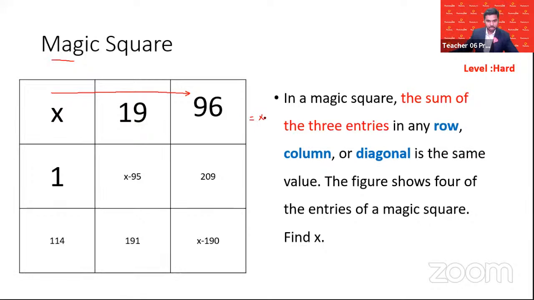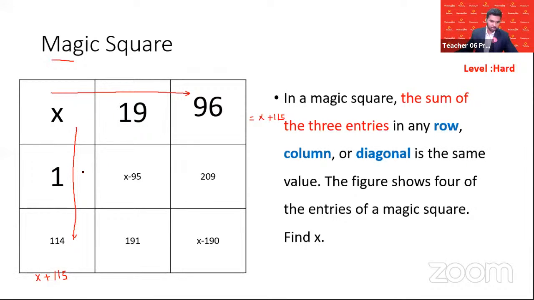It is x plus 115. Similarly, the addition along this column is also x plus 115. So this is why it is called a magic square. If you add it along any row or column, it is going to be x plus 115.